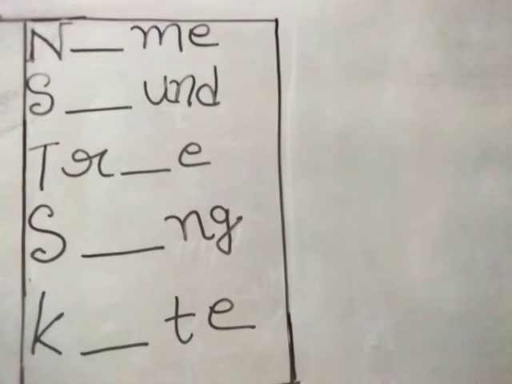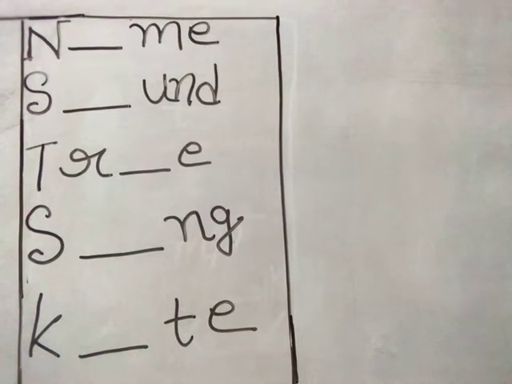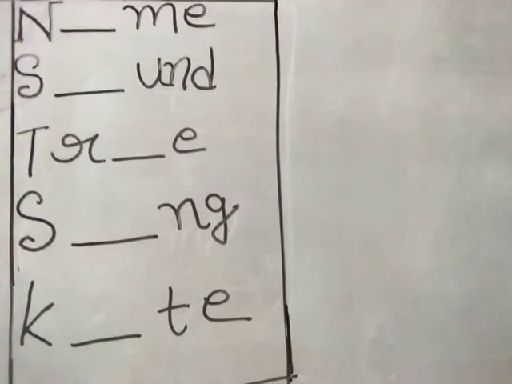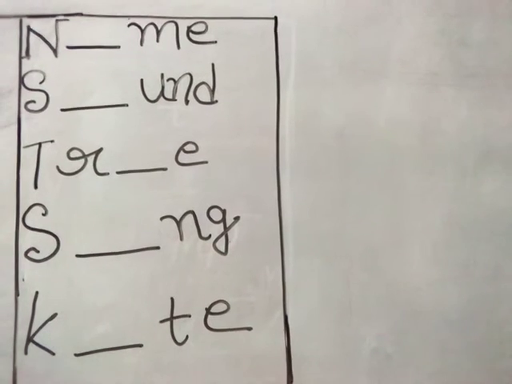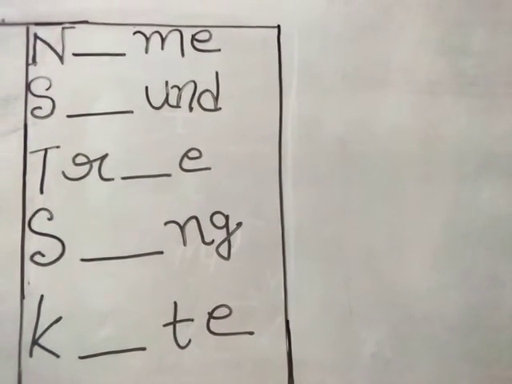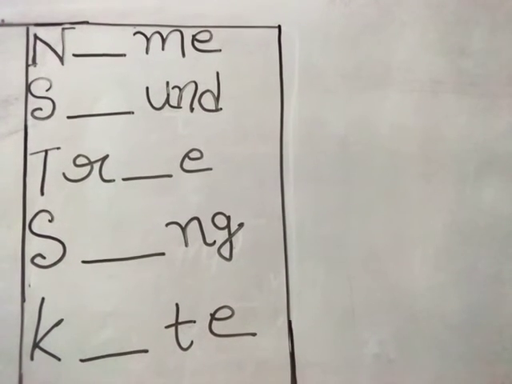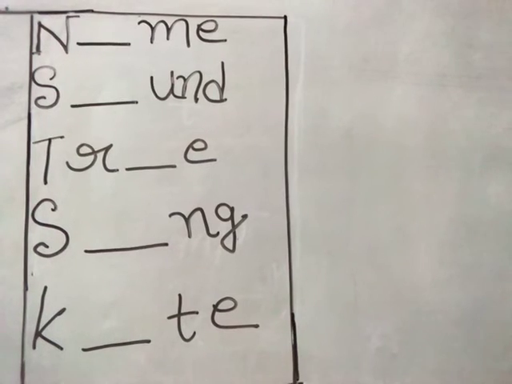So what should I put here? If I put an A here, then it becomes name. N-A-M-E, name. Name means what? Name means the word that you are addressed with. We all have our specific names, like my name is Priyanka, so you address me as Priyanka Miss. Similarly, your class teacher is Oppu Miss.